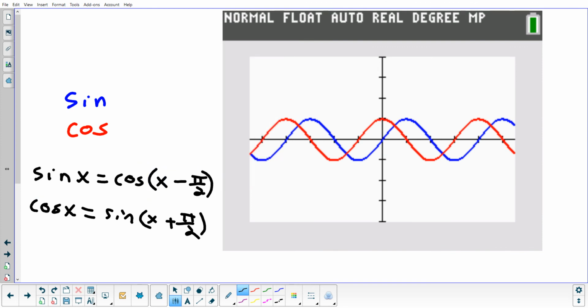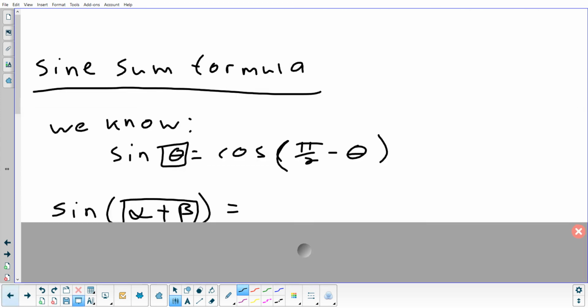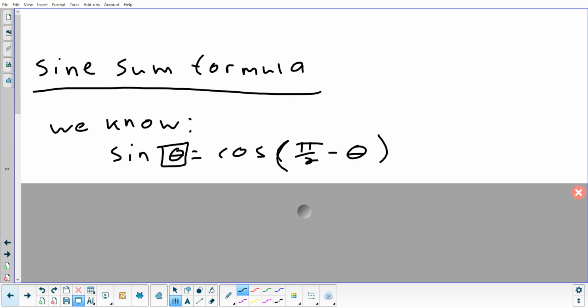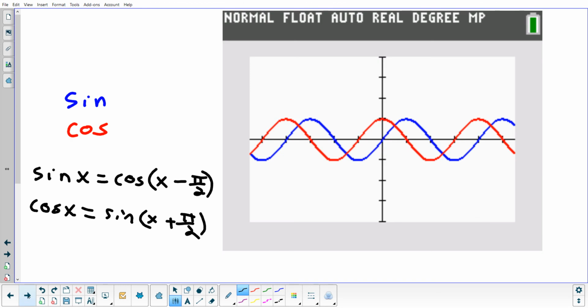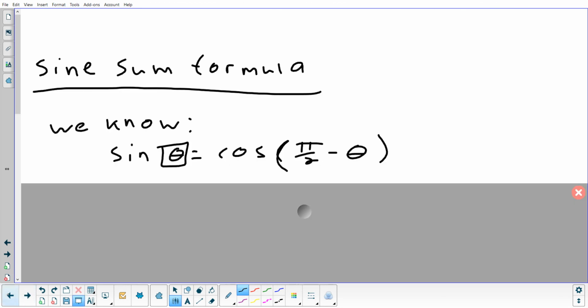So we can use this to get a formula for sine. And that's what we're going to figure out right now. All right, so we know that sine equals cosine of pi over 2 minus theta. Well, I wrote it a little differently there, but it's still the same idea as what we just did. The important thing is you understand that sine and cosine are phase shifts of each other.